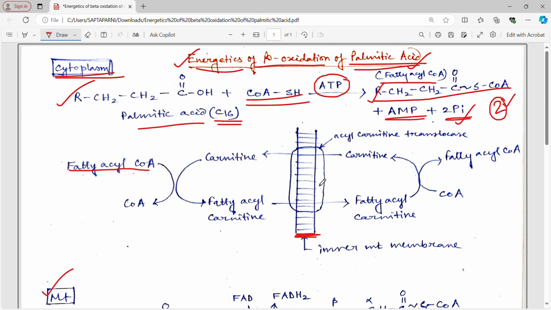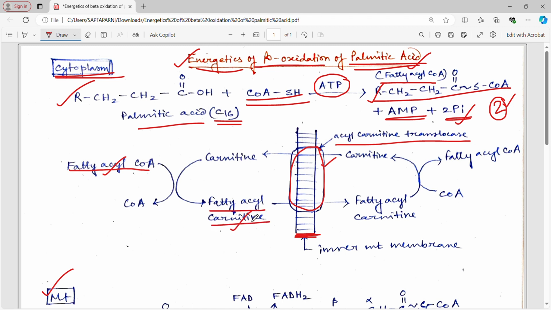For its movement we need a carrier protein. This is the carrier protein, and its name is acyl carnitine translocase. But the problem is this carrier protein cannot directly transfer fatty acyl CoA. It can only transfer fatty acyl carnitine.